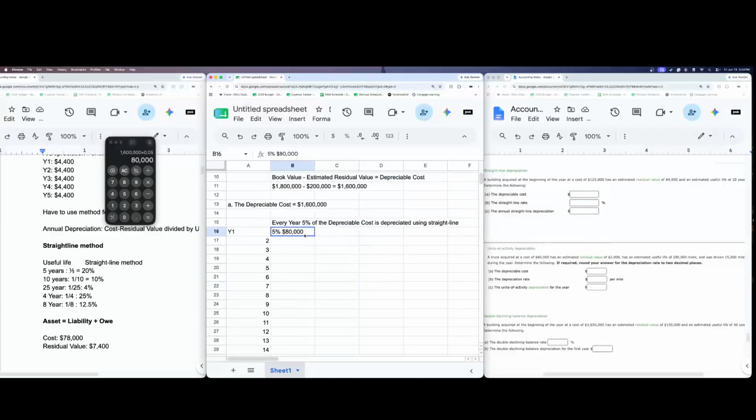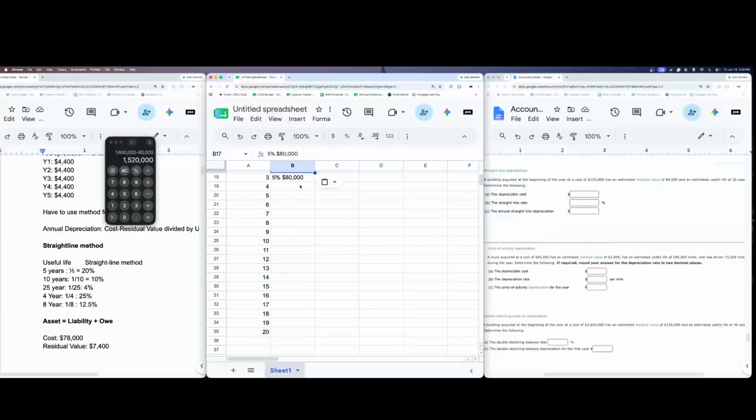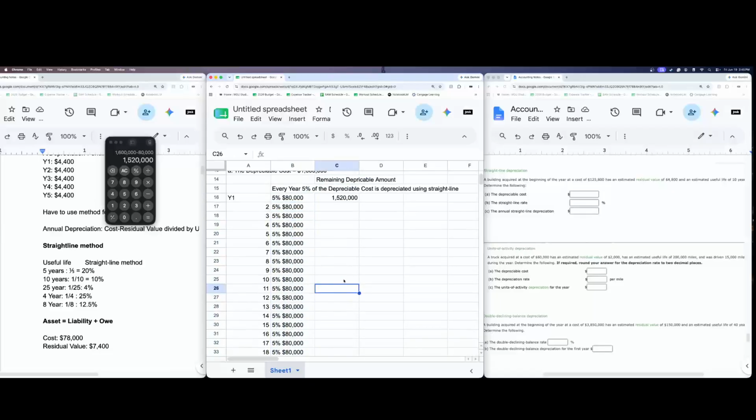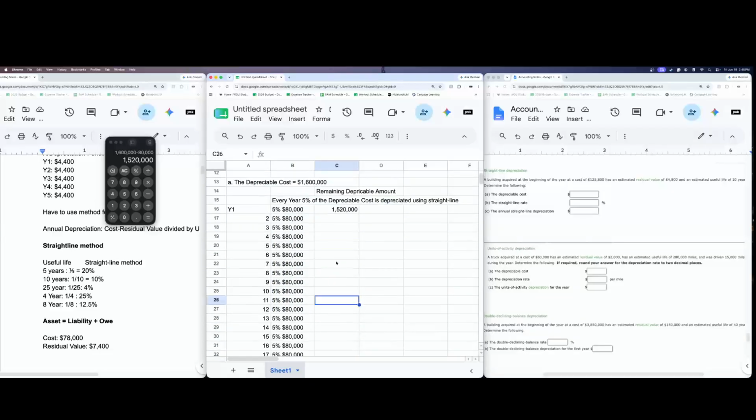If 80,000 was depreciated in the first year, then the remaining depreciable amount is 1,520,000 of what could be depreciated. So at straight line, it depreciates 80,000 every year for 20 years straight.